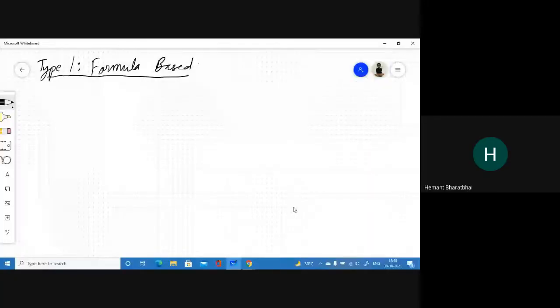The first type of numericals are those which are directly formula based, or which can be converted by little simplifications into formula based. First I'm going to show you some basic types of numericals so that you understand how I'm categorizing them, and then we'll go with the exam numericals, JEE and AIEEE numericals.